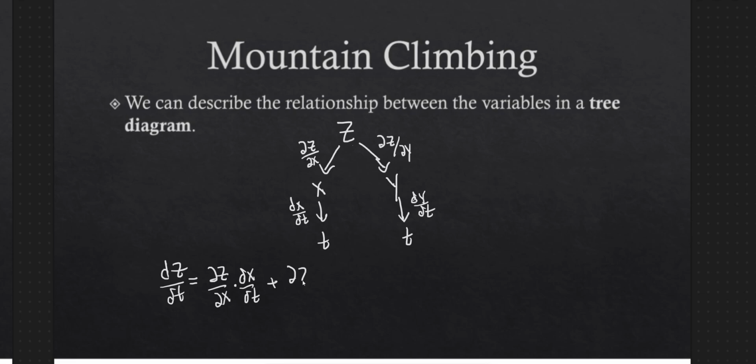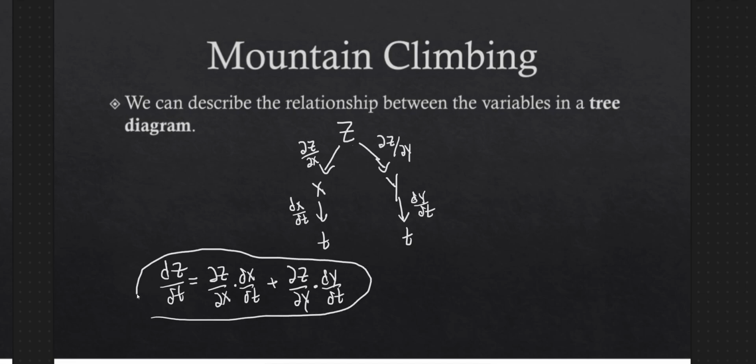And we'll do partial z, partial y, how z depends on y, times how y depends on t. And add those two together, and that gives us how z changes with respect to time. So here is one version of the chain rule in the specific case when z depends on two variables, and each of those depends on a single variable t.